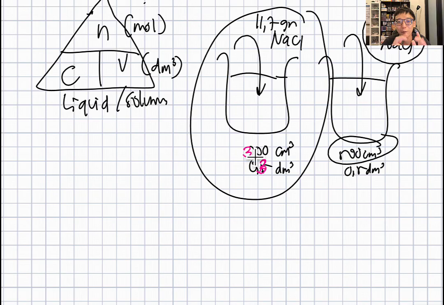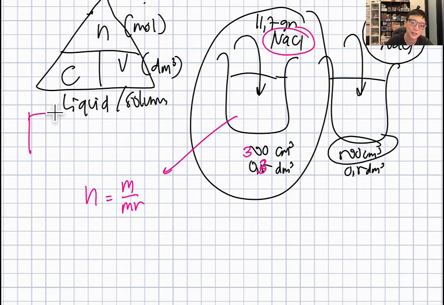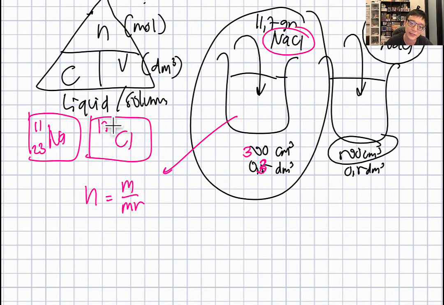Or another way, we can also check the concentration. Concentration is mole divided by volume. So now let's count the mole for this part. The mole is actually mass over Mr. For NaCl, Na is 23 and Cl is 35.5. So combined, the molecular mass will be 58.5.